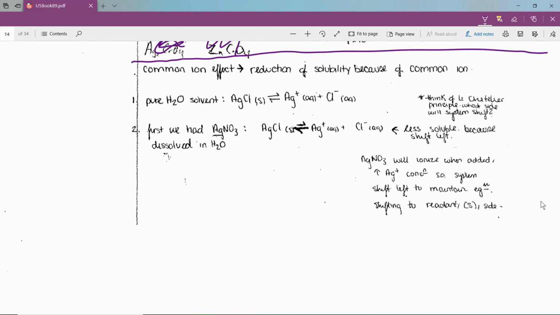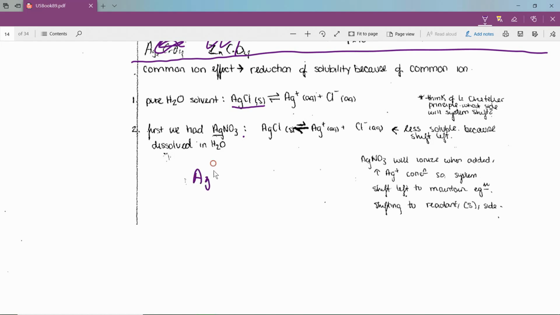Okay, so here's an example. We've got silver chloride, and if I use pure water as a solvent, well, I dissolve a little bit, not much, but I dissolve a little bit of silver chloride into my Ag+ and my Cl-. Now, instead, if I was dissolving that silver chloride into a solution which already had some silver nitrate in it, then I have a common ion, right?